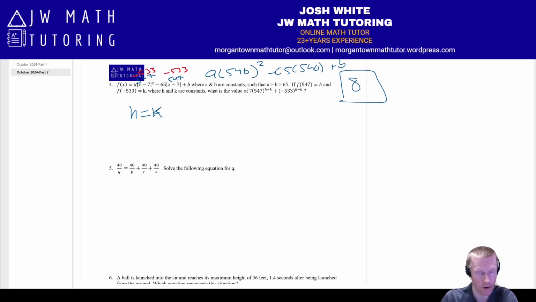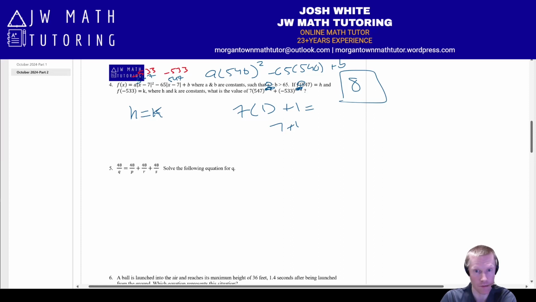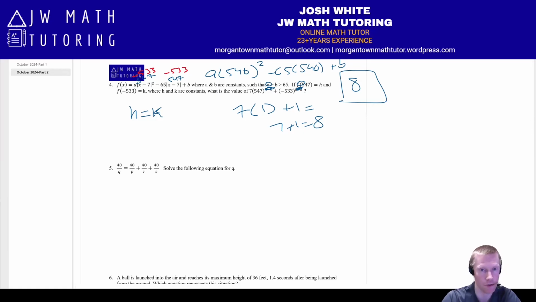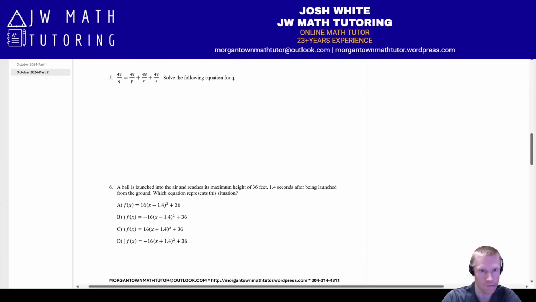Therefore, H and K are the same number. So H minus K just becomes 0, and H minus K just becomes 0. So then this whole thing just becomes 7 times 547 to the 7 times 1, and then this 0 is just plus 1. 7 plus 1 equals 8, okay? And that's basically the theory behind it. But again, you could go to Desmos, you can plug the entire thing in there.